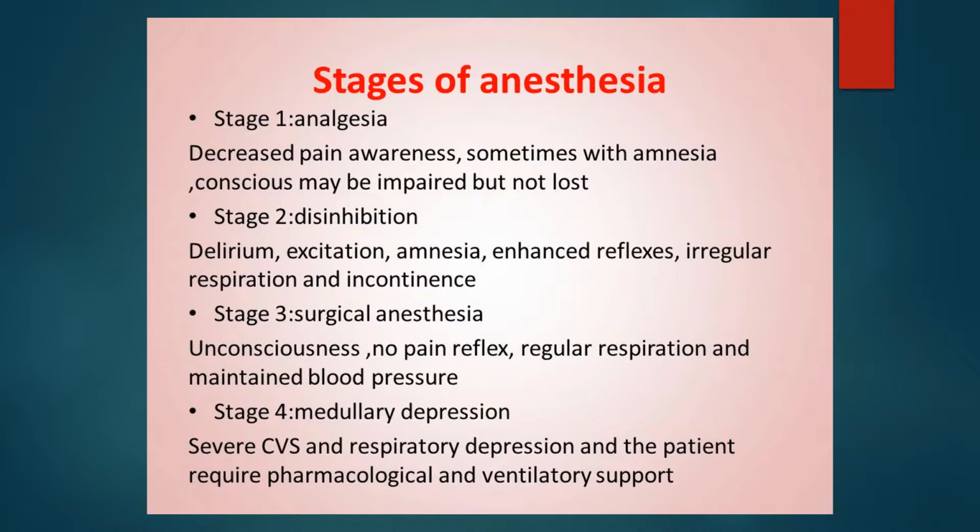Stage 2 is disinhibition, a little bit deeper than the analgesic stage. So patients can be delirious, excited, they're amnestic, they have enhanced reflexes, so if something touches the cord, normally you would cough, but in this stage, instead of coughing, the cords have an exaggerated response of laryngospasm. They can have irregular respiration and incontinence.